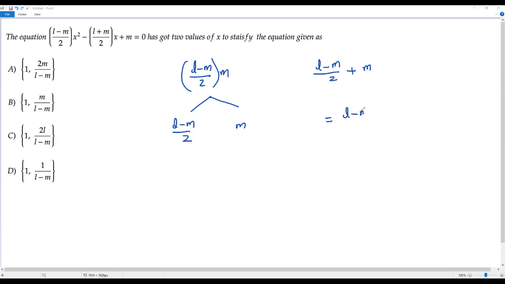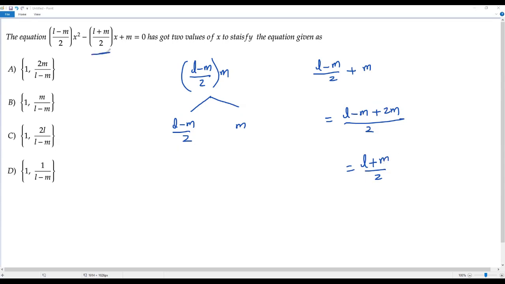Multiplying m by 2, I get positive 2m. Now let's simplify. When I combine negative m and positive 2m, I get positive m over 2. So when I add these two factors, I get (L + m)/2.